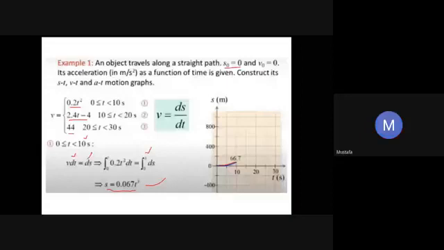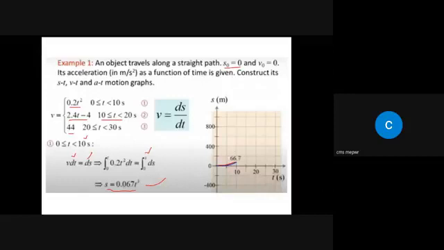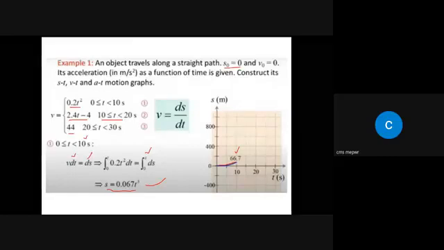Now between the limit 10 to 20, how much will the initial displacement be? Initial displacement will be 66.7, and the final displacement is not known. The time limit is 10 to 20 seconds: initial will be 10 and final will be t, which can be up to 20 seconds.